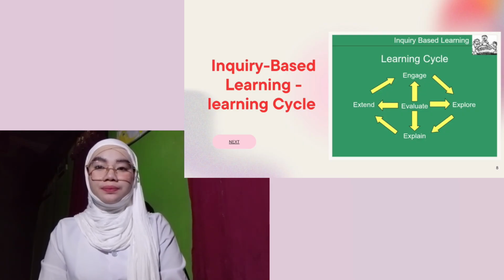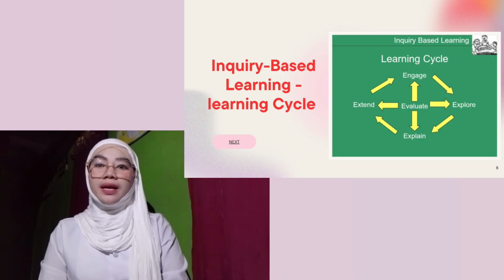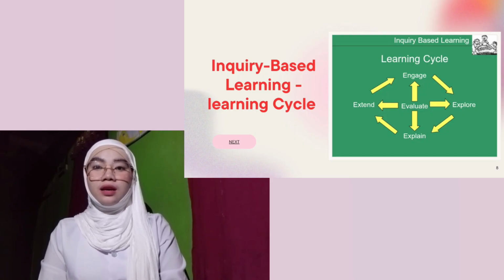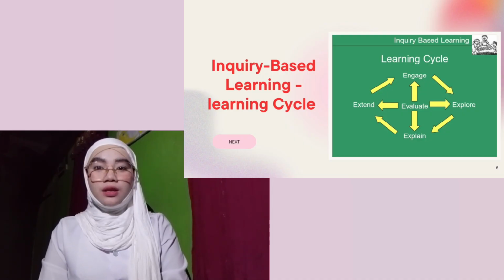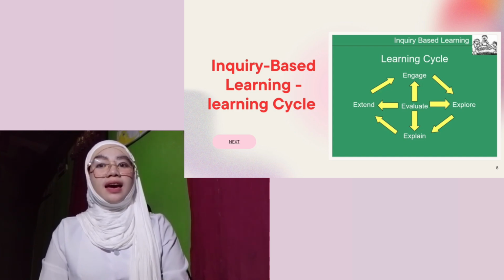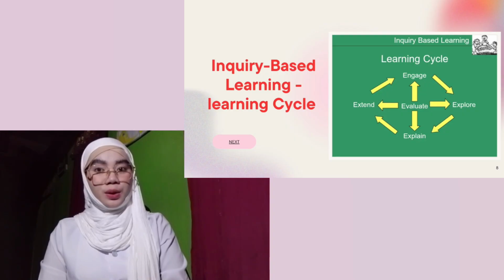groups. The third one is explain. In explain, students discuss their findings and share what they discovered. The teacher helps clarify ideas, introduce key concepts, and connect their observations to the lesson.